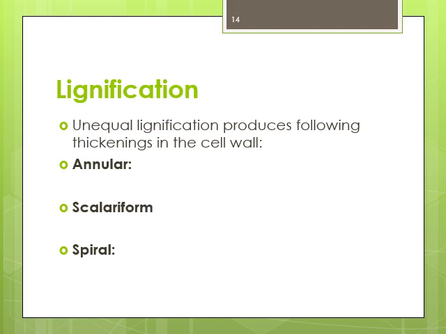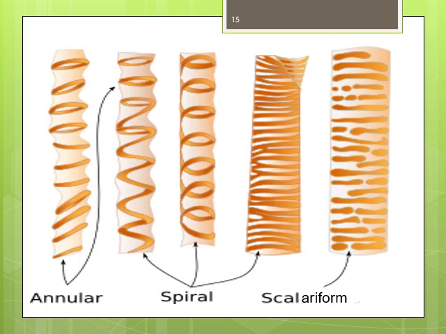Here we have a pictorial demonstration. These are ring-like thickenings. In the case of annular lignification, these are the ring-like thickenings, as you observe clearly. These are the rings. Then we have spiral thickenings.